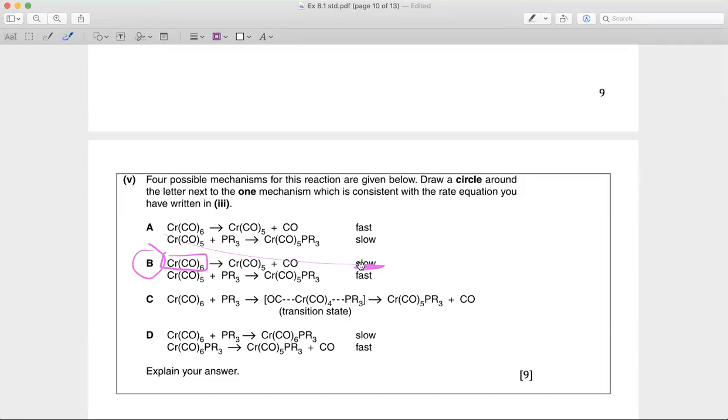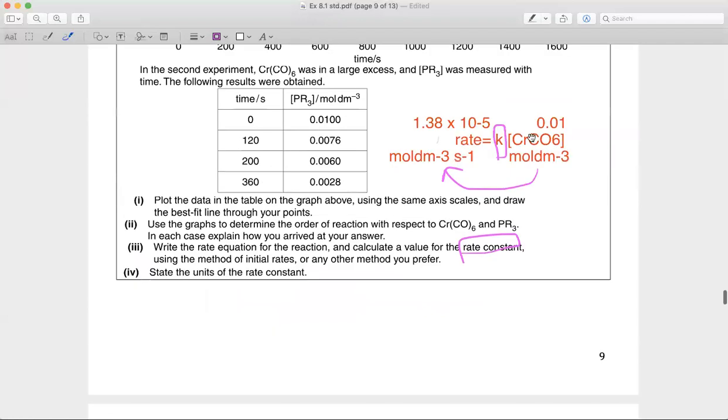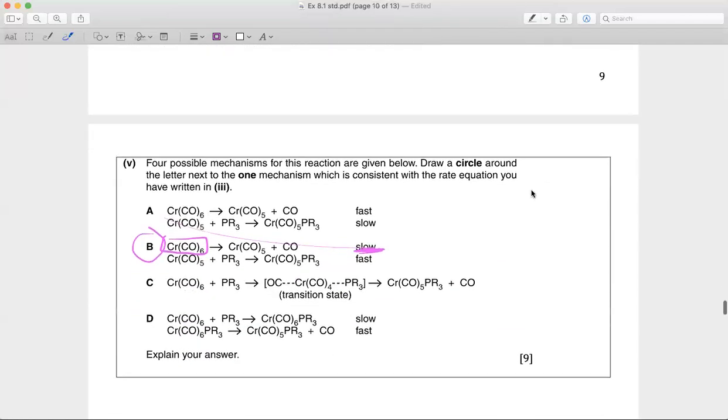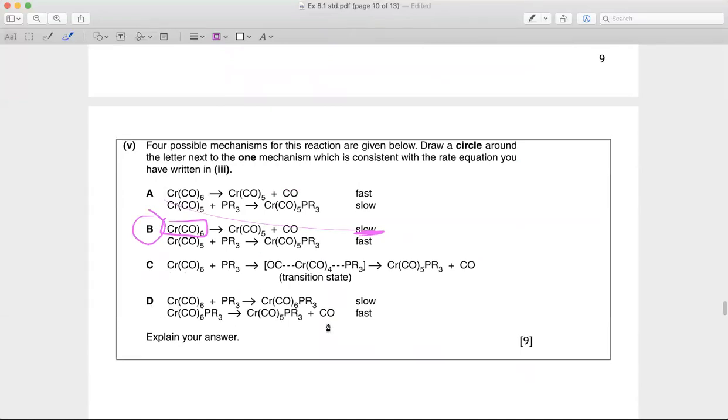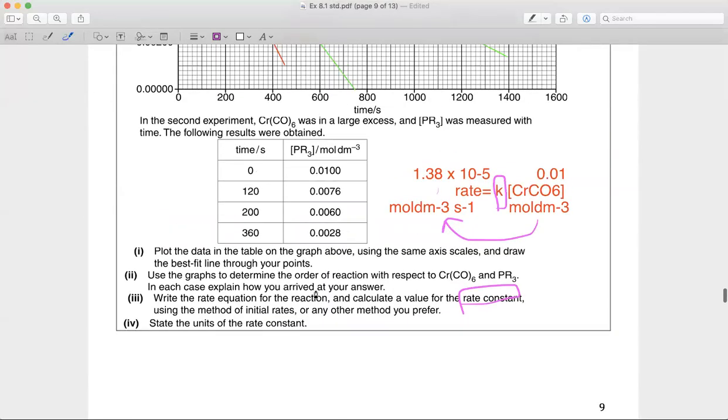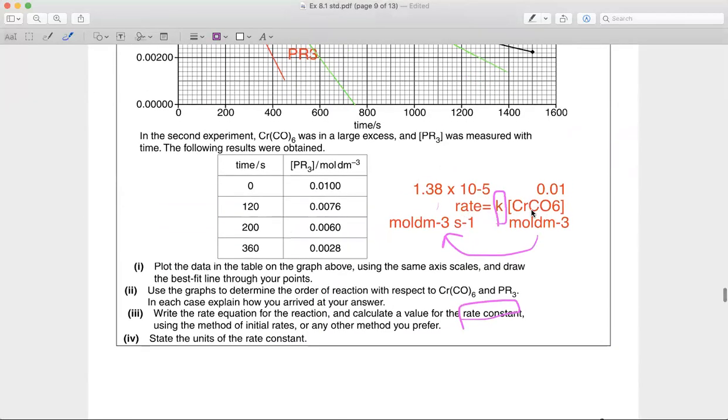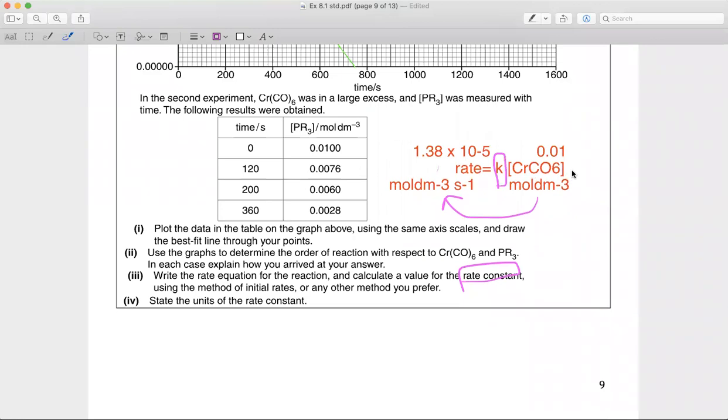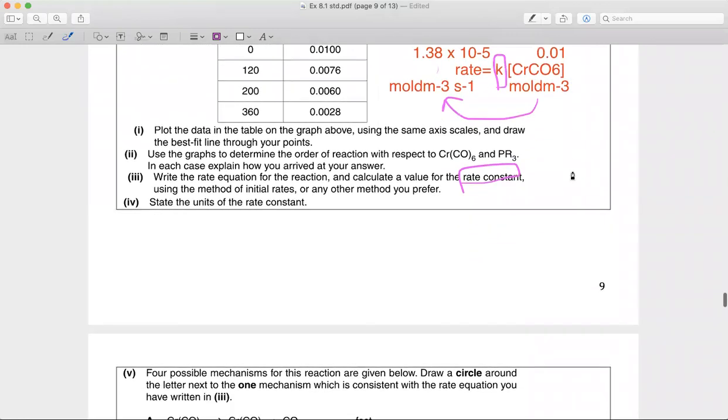CrCO6 is in the slow step, so that agrees with the rate equation where you only show CrCO6. The reason why it's not D is because for D, the slow step is CrCO6 and PR3. PR3 does not appear in the rate equation. You can say that it's to the power of 0, but anything to the power of 0 is just gone. The term is gone.